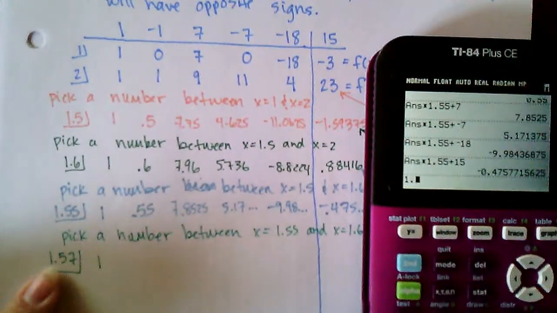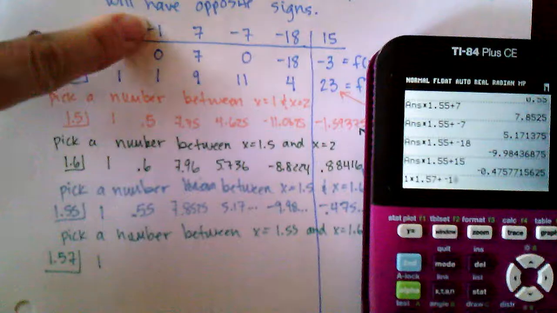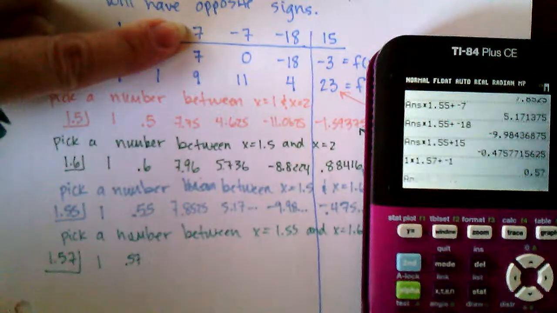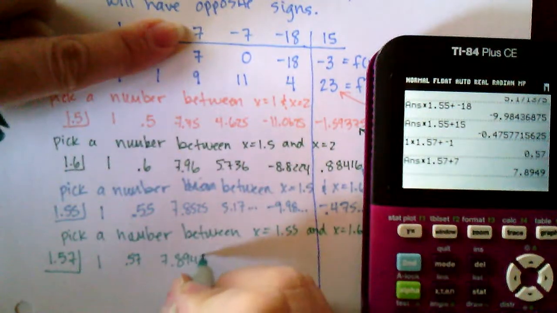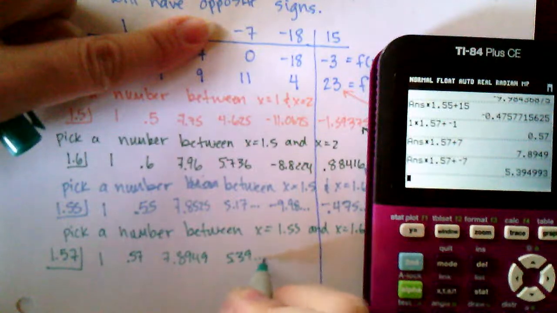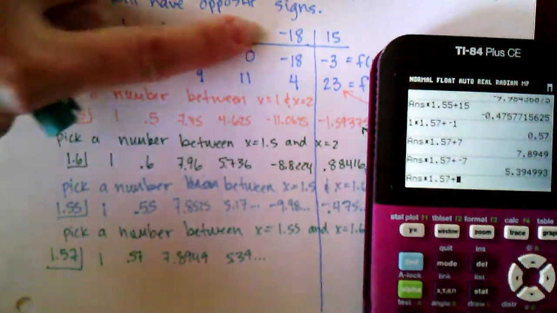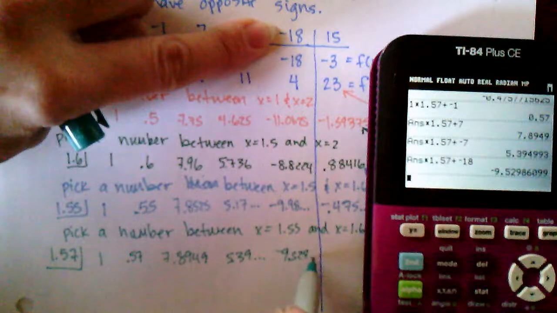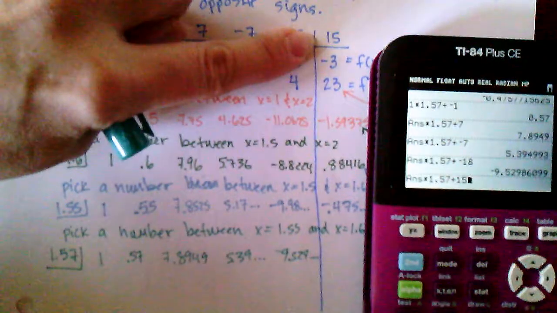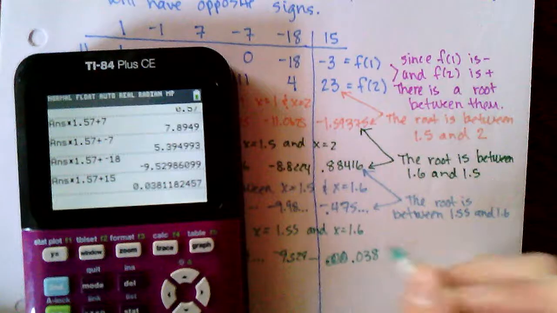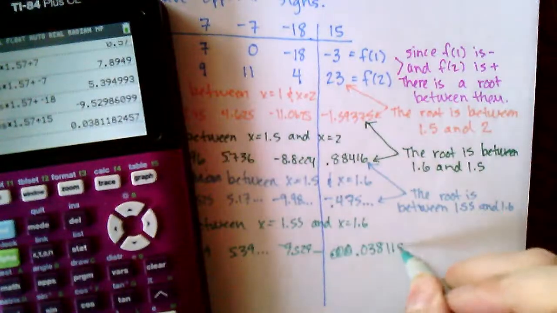And then I'm taking 1 times 1.57 plus negative 1 from here, 0.57, times 1.57 again, plus 7, 7.8949, times 1.57 plus negative 7, 5.39, times 1.57 plus negative 18, negative 9.529, times 1.57 plus 15 is 0.038118. Okay.